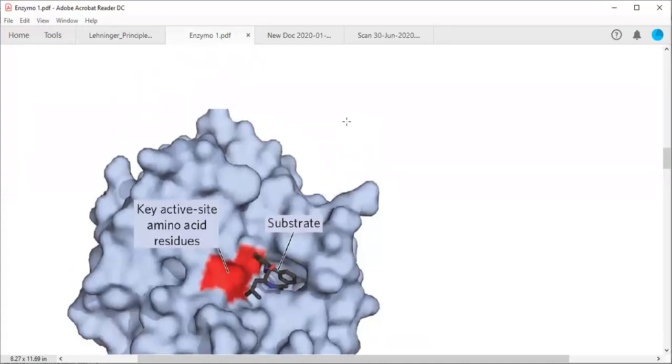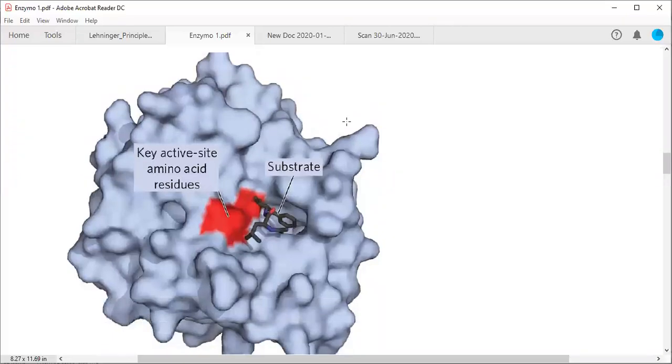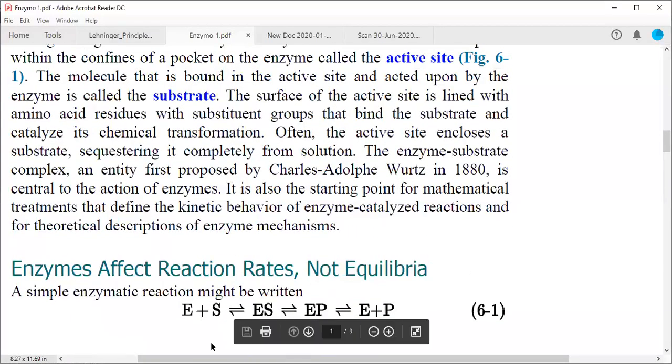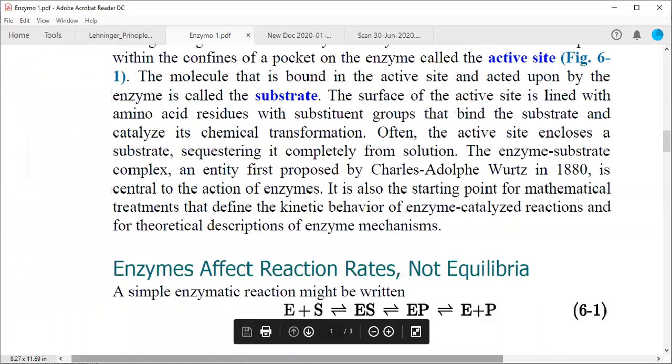I'm giving you a 2-minute break before starting this particular topic, how enzymes are able to catalyze the reactions. If you have any query from the previous discussion of enzyme commission numbers, either classes, subclasses, or sub-subclasses, you can ask your queries.